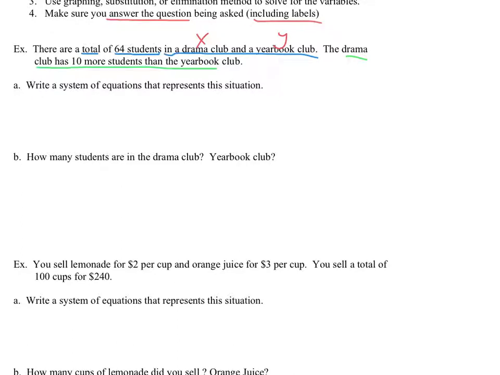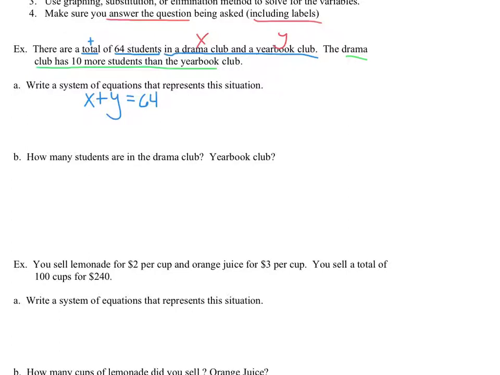So I think we can create 2 equations from that. The first one, total. Hopefully we're good with total means addition, right? We total up things. So my first equation is going to be x plus y, a total of drama club and yearbook, is 64. So there's one equation right there.